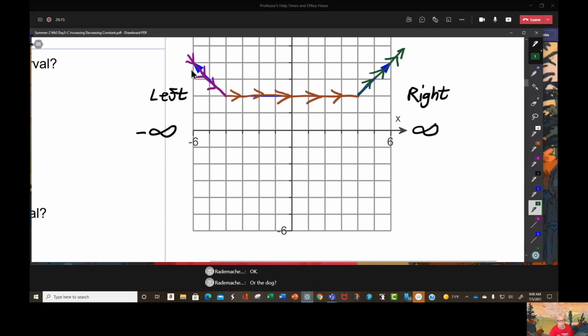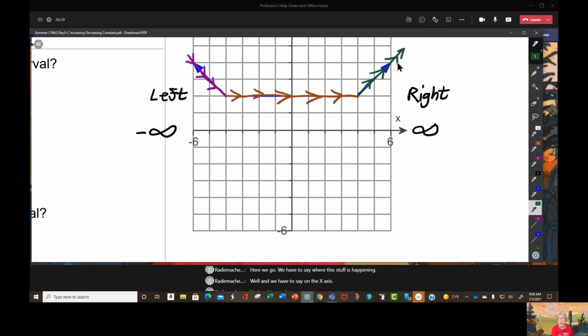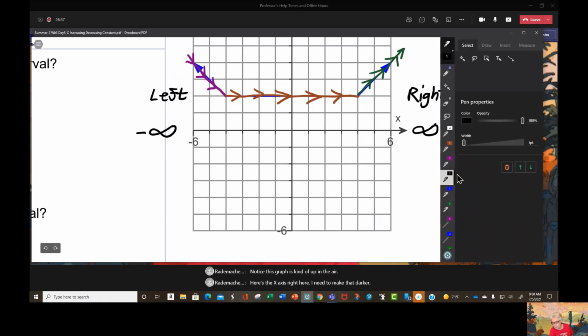Here we go. We have to say where this stuff is happening, and we have to say on the x-axis. Notice this graph is kind of up in the air. Here's the x-axis right here. I need to make that darker, just so I'll see it.